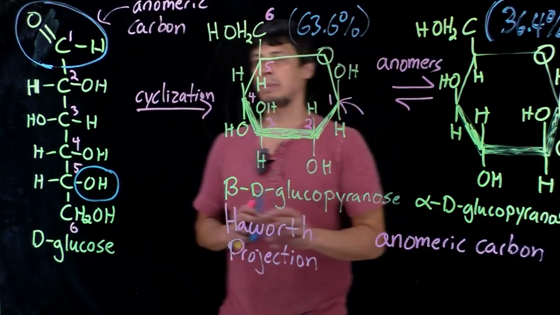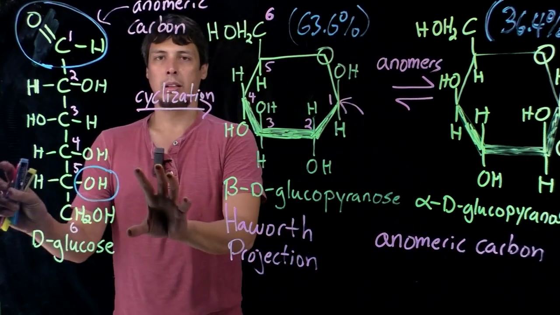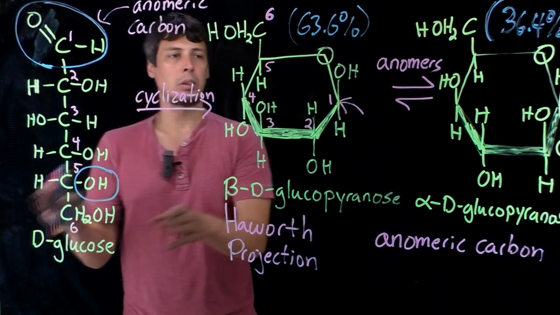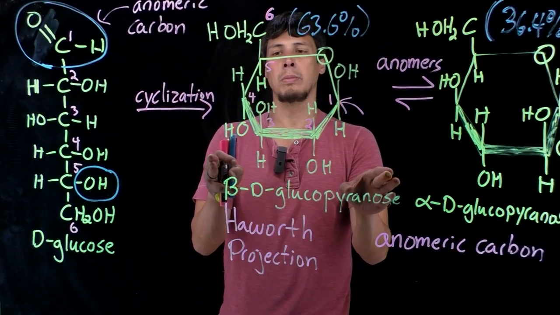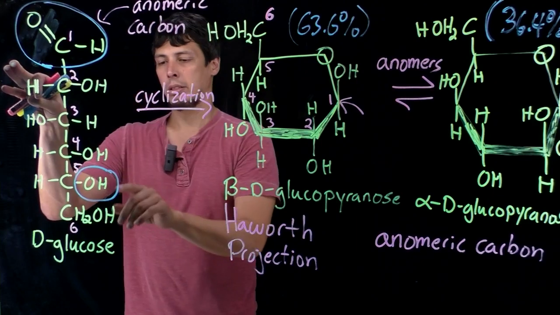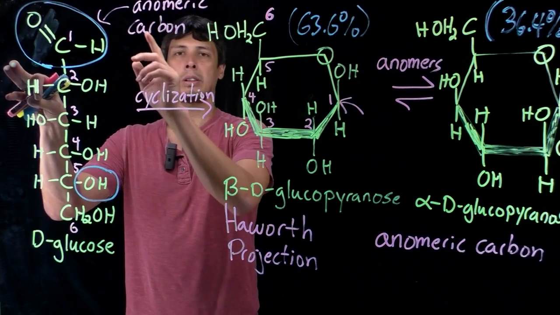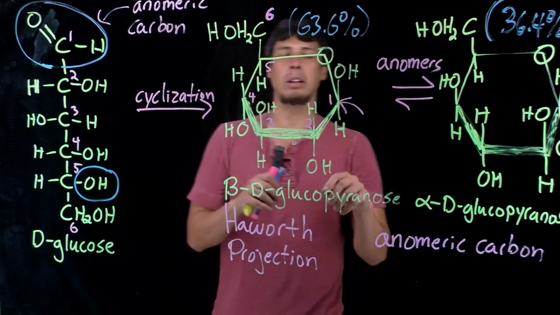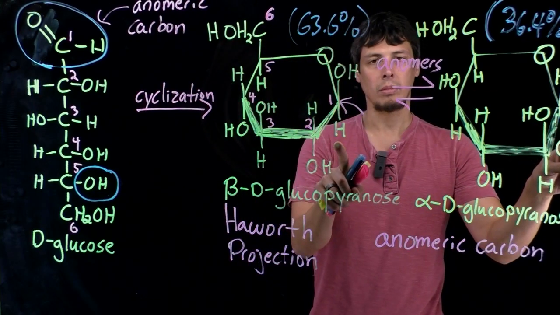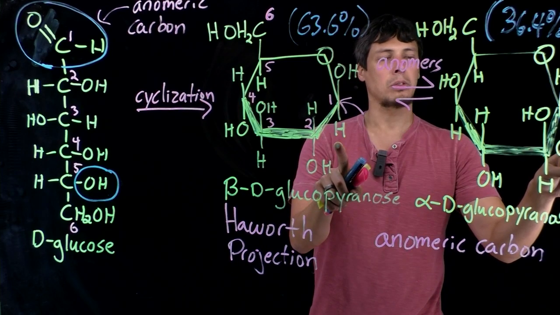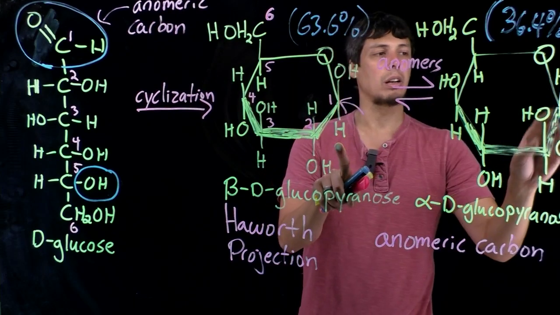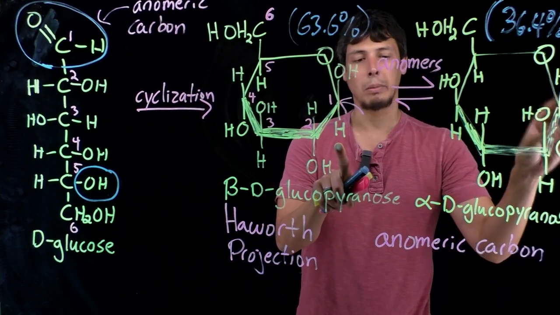But so key points here is that we have an equilibrium between the linear form of glucose and the cyclic form of glucose. And then there's an anomeric carbon, which, because this alcohol can attack from 1 of 2 directions on the aldehyde, it can cause the formation of one of these 2 anomers. And the anomers are different based on where the OH is on what side of this, specifically this anomeric carbon.